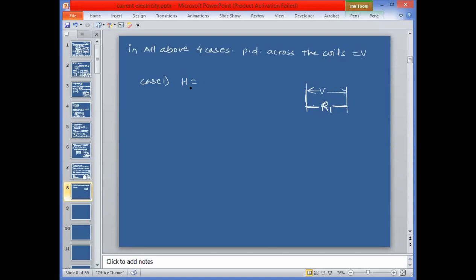So heat is equal to power into time. V square upon R1 is going to be the power, and T1 is the time. For the first case, the time required was T1. With this you can figure out R1, the resistance of the first coil. It is V square into T1 upon H. This is called equation 1.